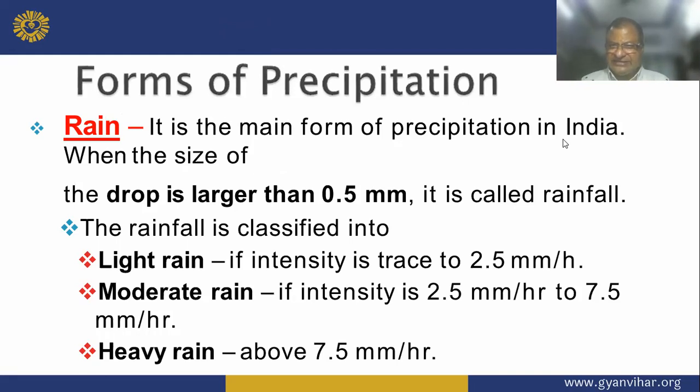If intensity is up to 2.5 mm per hour, then light rain. If intensity is 2.5 mm per hour to 7.5 mm per hour, that is moderate rain, and heavy rain is above 7.5 mm per hour.